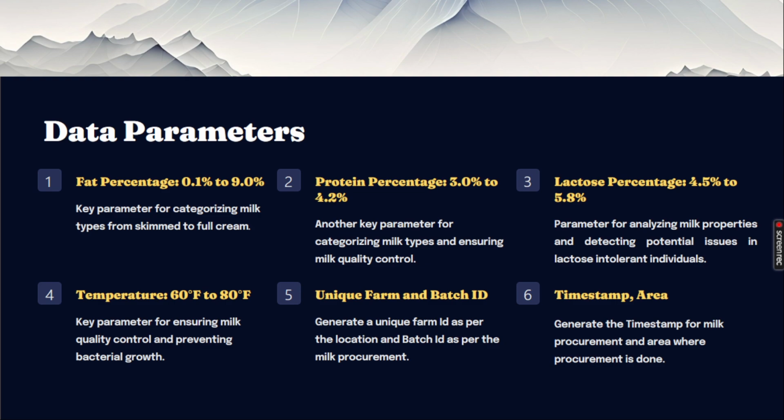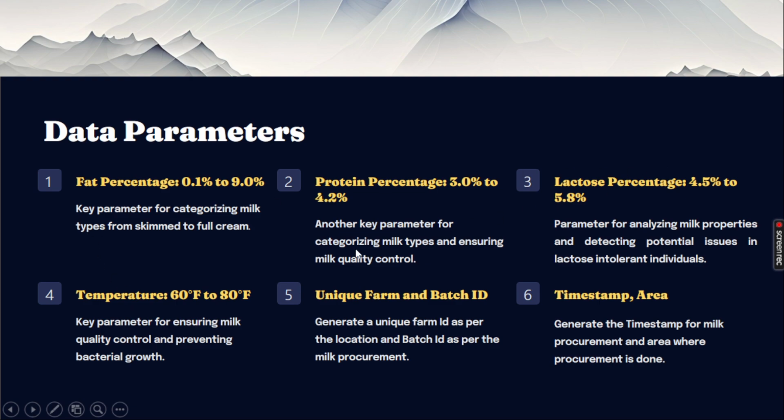To understand our data better, let's deep dive into the key data parameters we are dealing with in this project. There are more than six parameters. Among these, four parameters are very crucial: fat percentage, protein percentage, lactose percentage, and temperature of the milk.